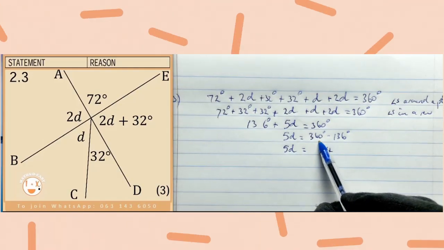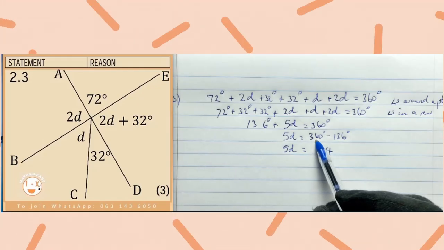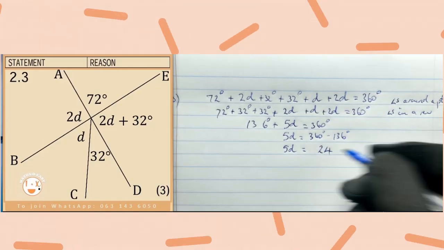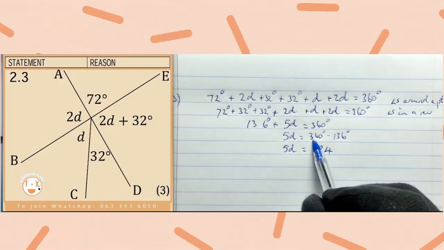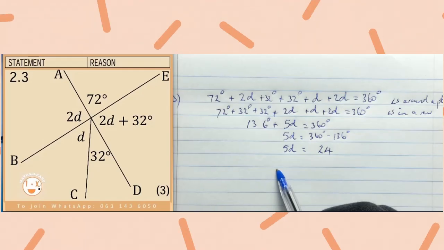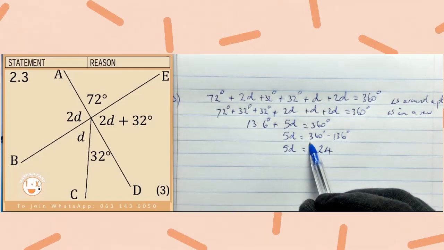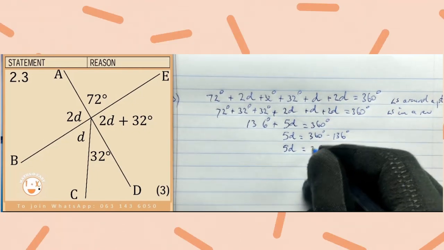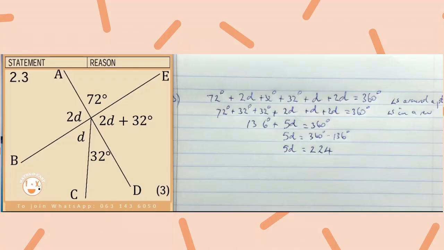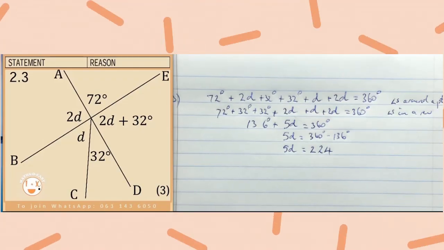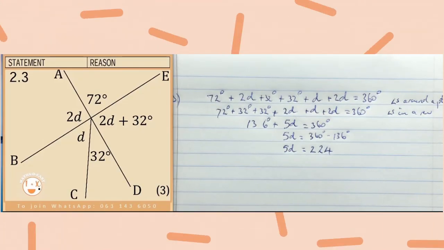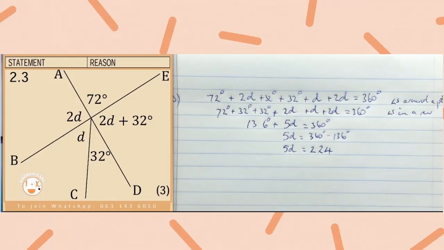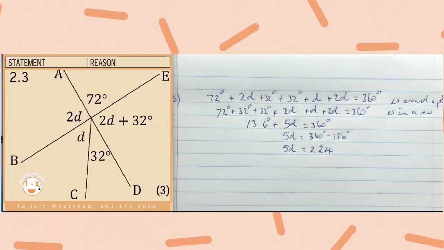So if I have 10 minus 6, I'm left with a 5 there. Then 5 minus 3 is a 2. Then I have taken nothing from here, so 3 minus 1 is a 2. Looks very funny, doesn't it? Our values and the 360 and the remainder, they don't like the 5D.